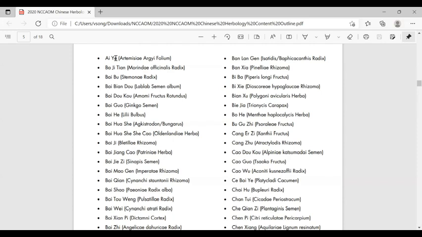Same thing, ginkgo fruit has toxicity. It has slight toxicity. And so we need to be aware that the toxicity is addressed on our central nervous system.